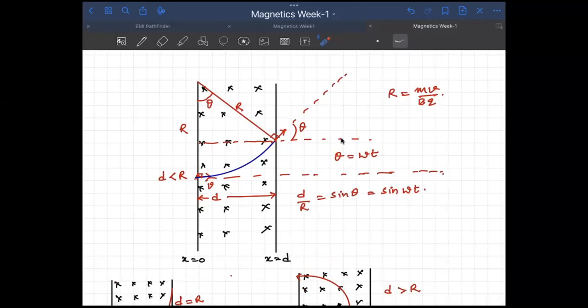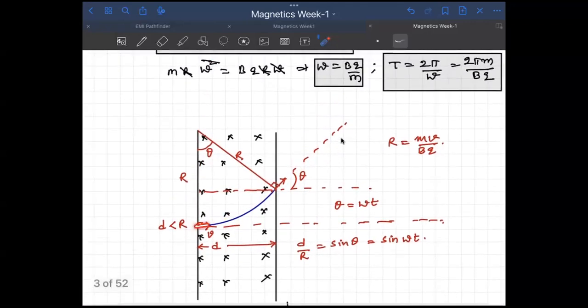Then what is my problem? I have projected a charge. Now, there are n number of options. One, it would have taken a circle like this, but since the field is not continuously available, only this part remains a circle. Rest, again it will go in a straight line. Another possibility.